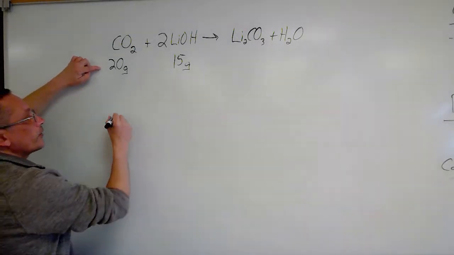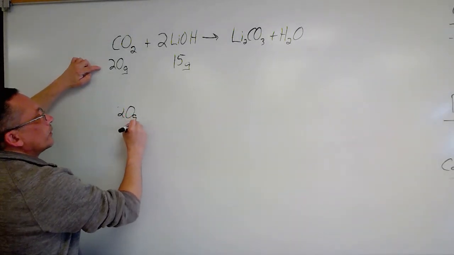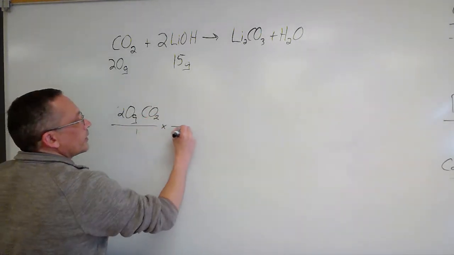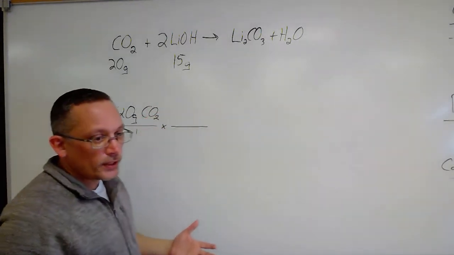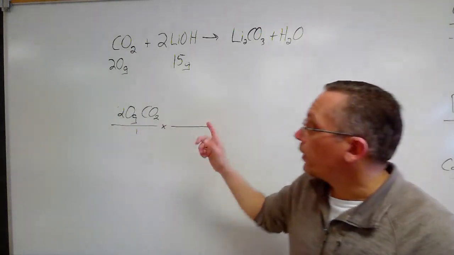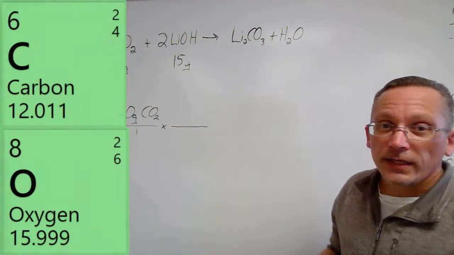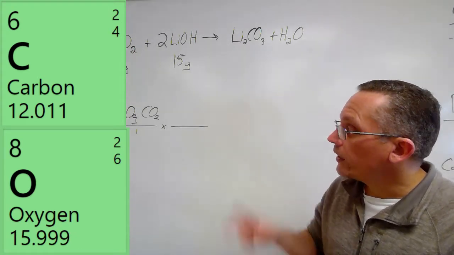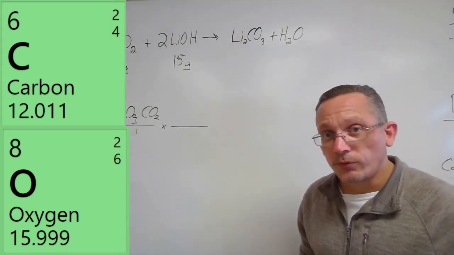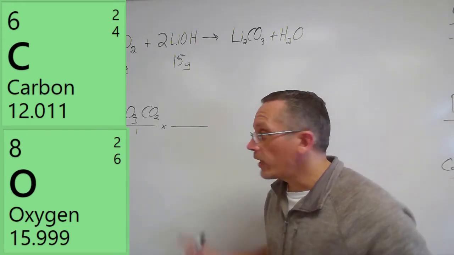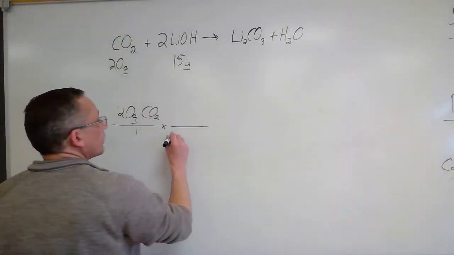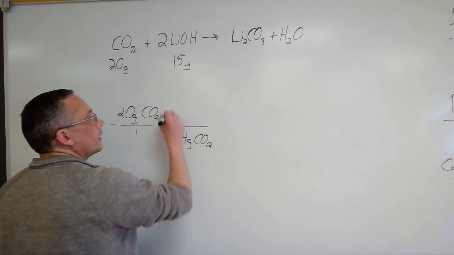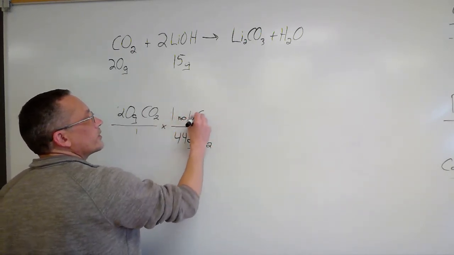I'm going to start with 20 grams of CO2 and put it over 1. Second fraction, we'll go to the periodic table and add up CO2. Carbon and 2 oxygens should add up to 44 grams. I'm going to put that on the bottom: 44 grams of CO2, and of course 1 mole of CO2 on the top.